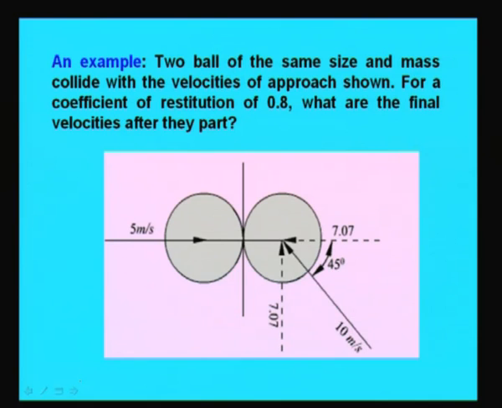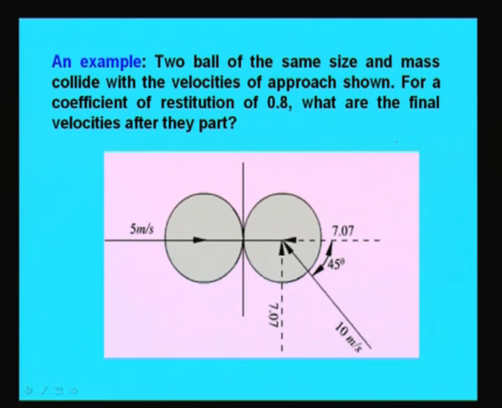Now I give one example of oblique contact. Supposing 2 bars of the same size and mass collide with the velocities of approach shown, for a coefficient of restitution of 0.8.